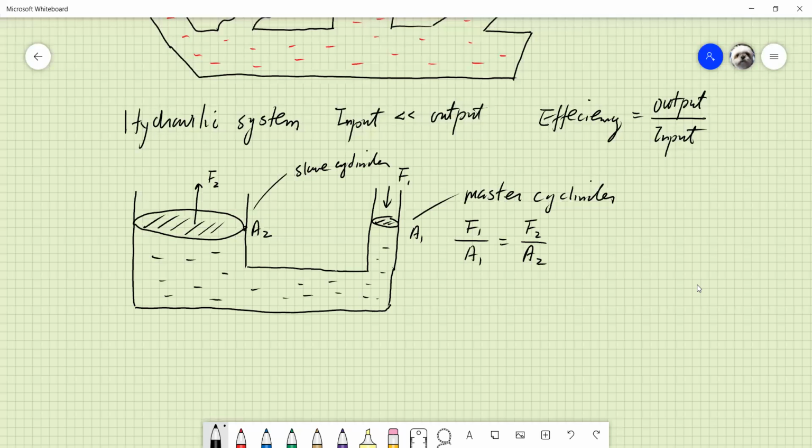If I write it in the same statement of the Pascal principle, it will be P1 equal to P2. The pressure is the same everywhere. If you write this statement, it is equivalent to F1/A1 equal to F2/A2.